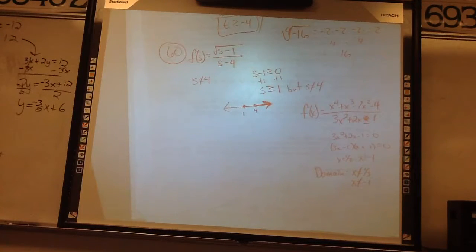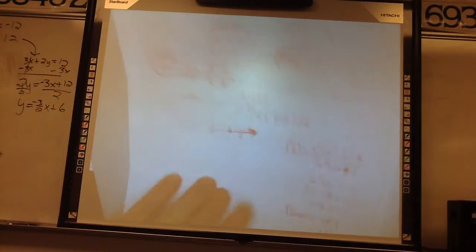Okay, so on all those domain ones, look for radicals and look for fractions and figure it out, basically. I got one new thing.